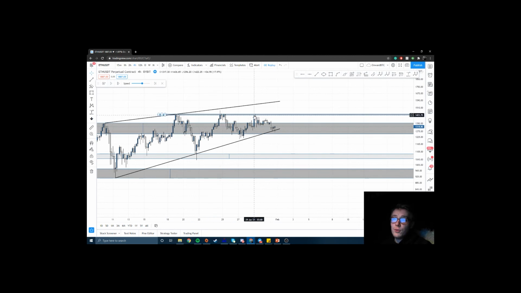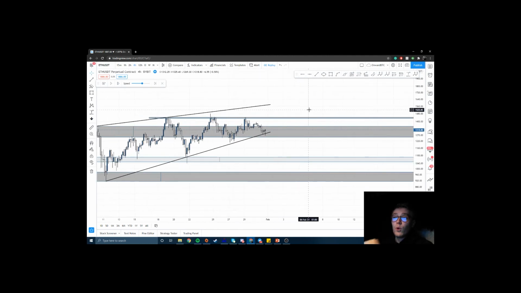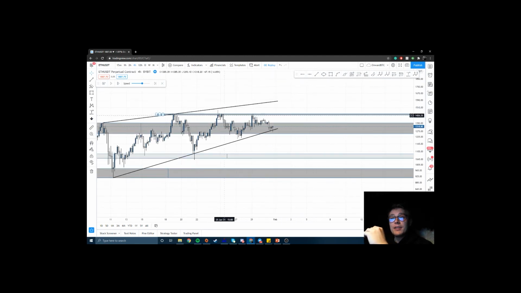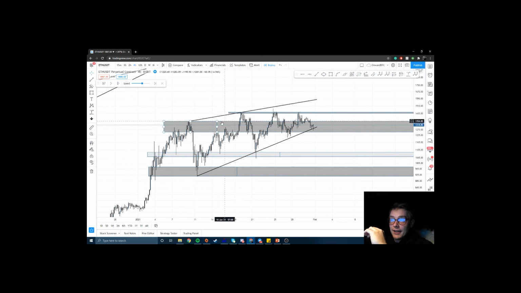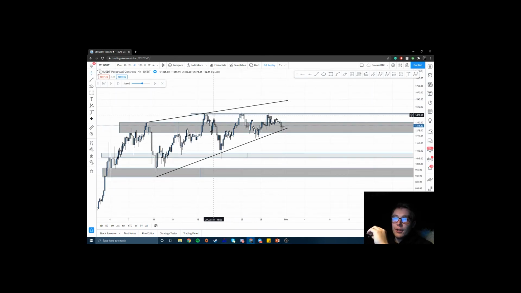We've gotten 1, 2, 3 tests of that top side band, and equally as many with this bottom side range here. But actually, what are we seeing in more recent price action? I said we had 3 tops at around the same level. So although there's a greater ascending wedge forming, it doesn't have confluence with more than 2 points.